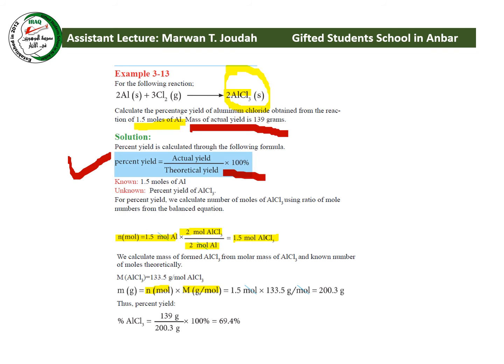It's not given, so you need to calculate it, as I taught you previously. It gives 200.3 grams. Now we have everything ready. We have the actual yield, 139, and the theoretical yield, 200.3 grams, that we calculated, times 100, which gives us 69.4%, which is a decent percentage. It's pretty good.